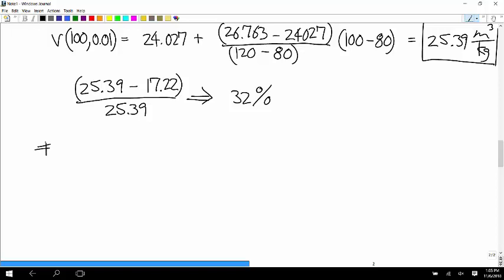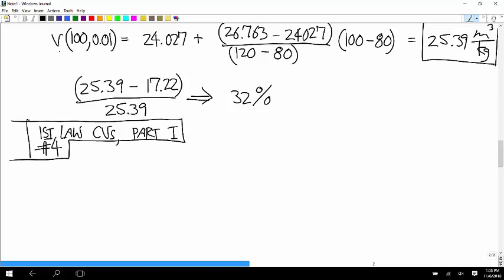So number 4, this is first law for control volumes, part 2, 1. So we know we're going to start with this equation. So I'm going to start with this, and then we'll think about what we can eliminate.